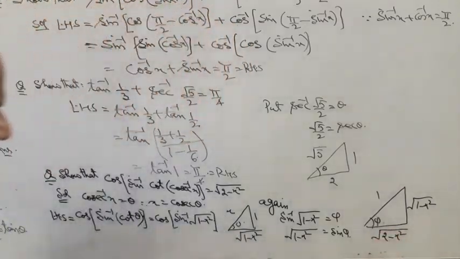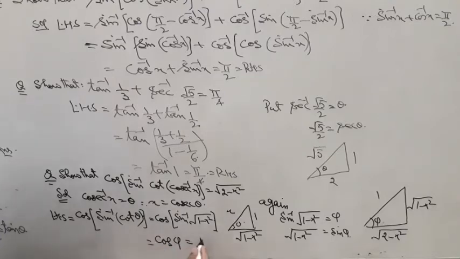Please see. So this will be equal to cos of sine inverse, cos of φ, and cos of φ is nothing but equal to under root of 2 minus x square. This is the right hand side of the question.